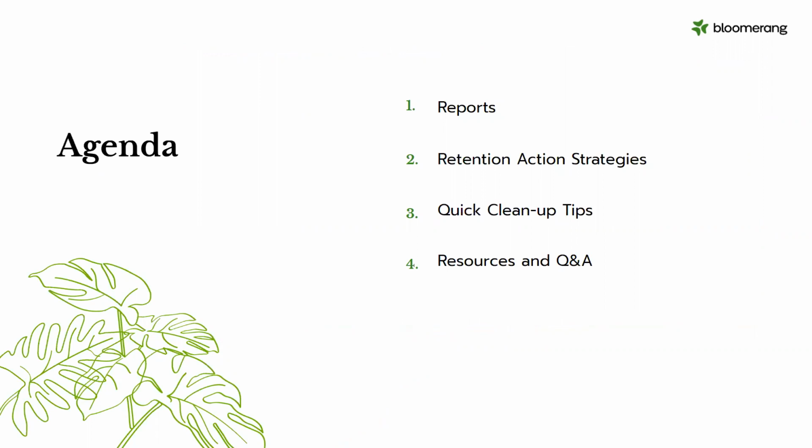We'll also take a look at some fiscal year-end donor retention action strategies and some practical tips. We'll take a look at some quick cleanup tips as well. This is something we recommend year-round, but especially around your fiscal year end/beginning. We'll take a look at some resources and Q&A as well.